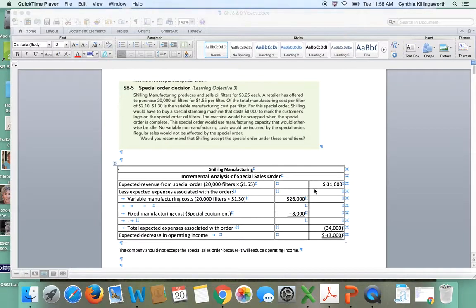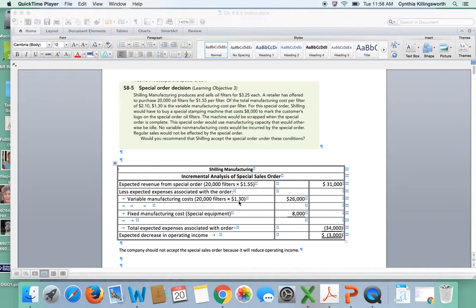So this is how we would lay it out: we have 20,000 filters times $1.55 equals $31,000. And then here is the variable cost of manufacturing these filters, not including all the overhead costs that would exist whether we did this order or didn't do this order. So we don't allocate any of those non-relevant costs in.